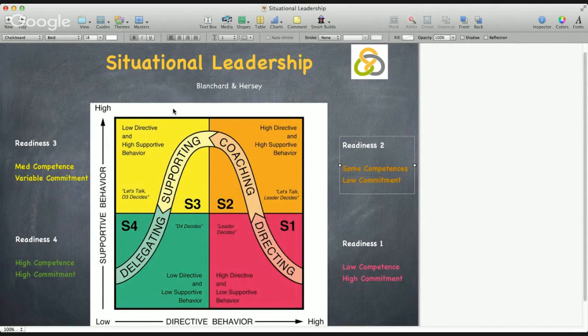It's important to note that followers do not progress through the model from directing to delegating in a linear fashion. As new tasks are delegated, the role of the leader is to identify what types of support, if any, the member of staff requires to successfully complete the new task.